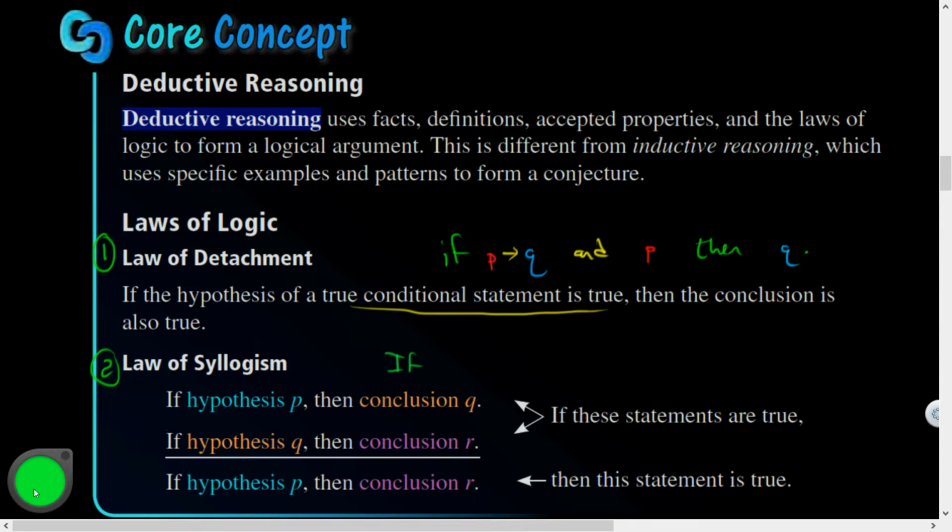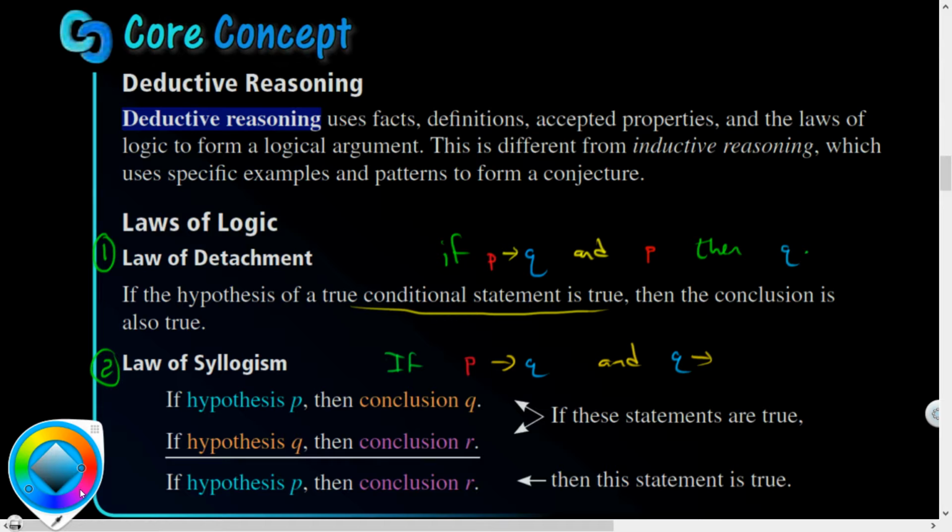It says if P implies Q and Q implies some other fact, R, then what do you think is true?